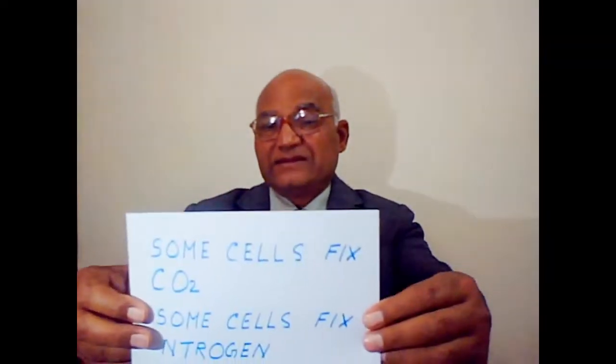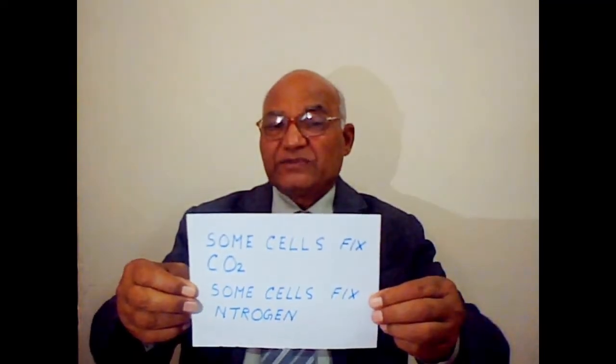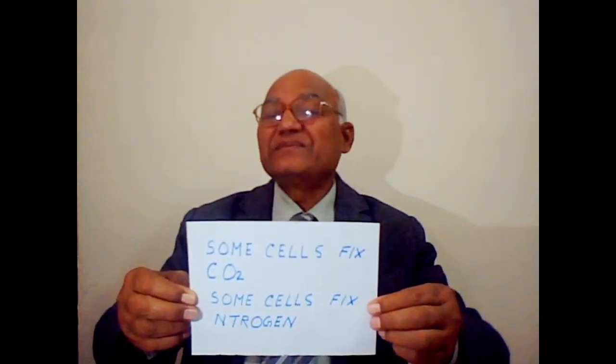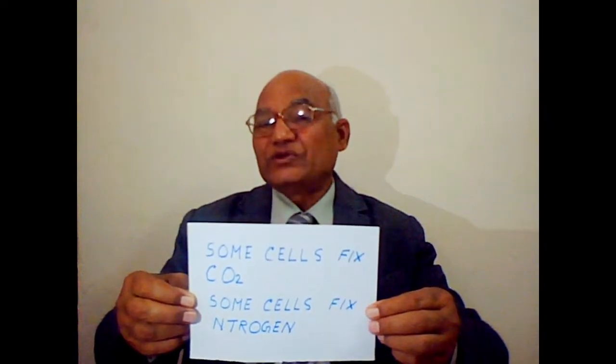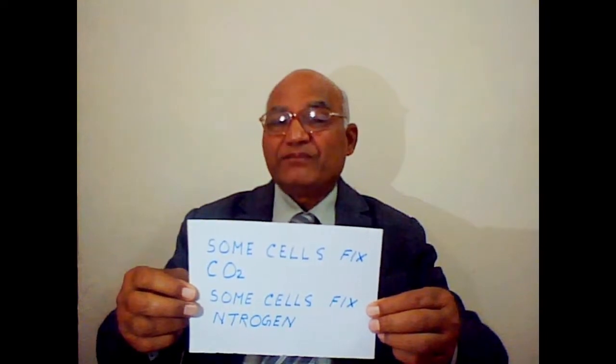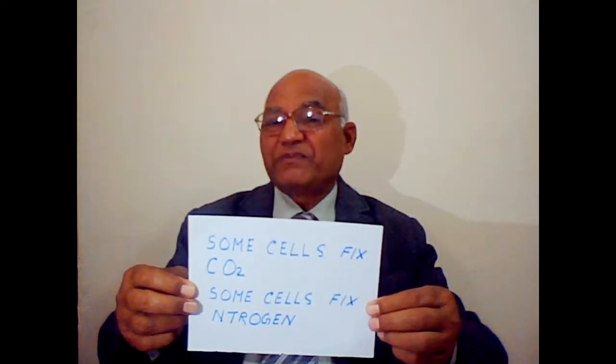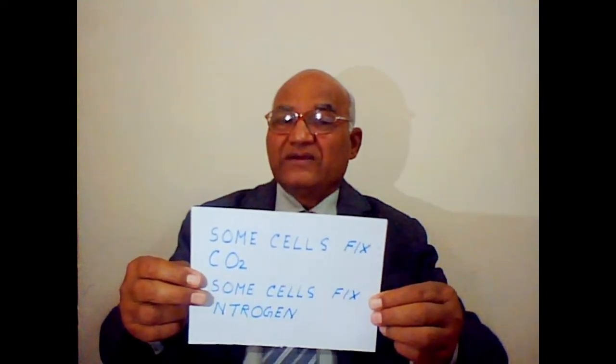Some cells fix carbon dioxide and some cells fix nitrogen. Some photosynthetic cells fix carbon dioxide, and typical examples of cells that fix nitrogen are Rhizobium, a symbiotic bacterium, and another example of a free living nitrogen fixer is Azotobacter.